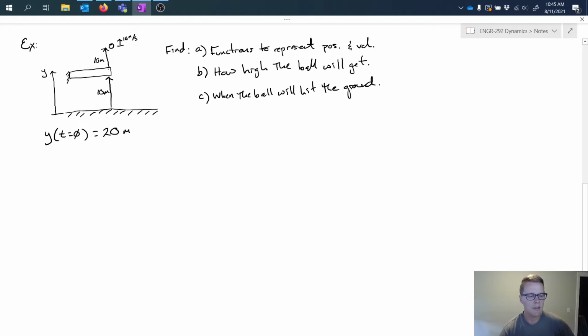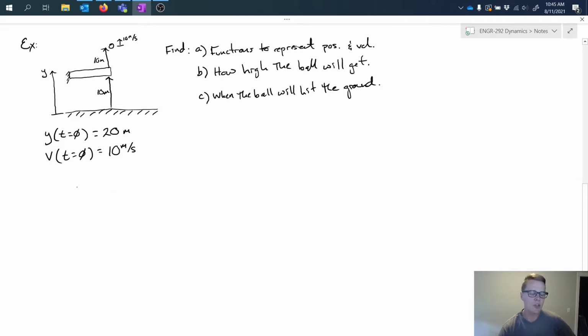So this is the height of the platform plus the height that the ball is at from the platform at the time point that we're looking at, the initial time point. We know the velocity of the ball at this initial time step is given as 10 meters per second.